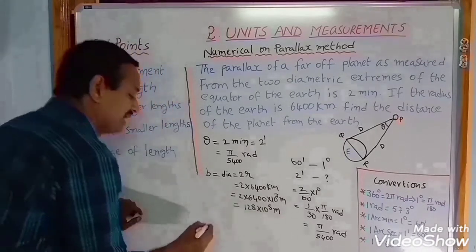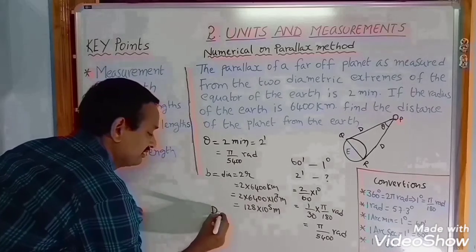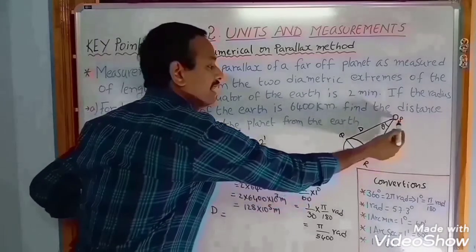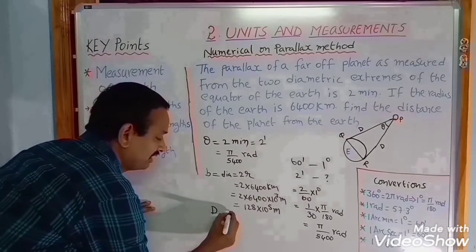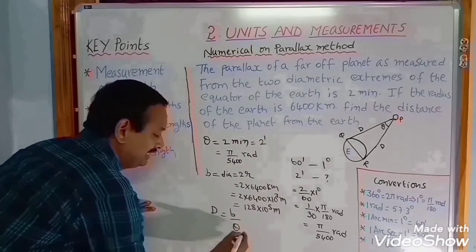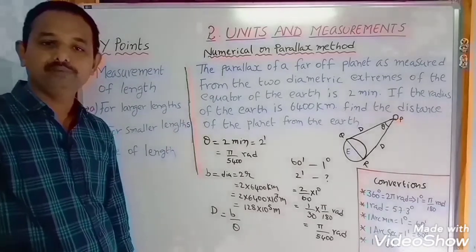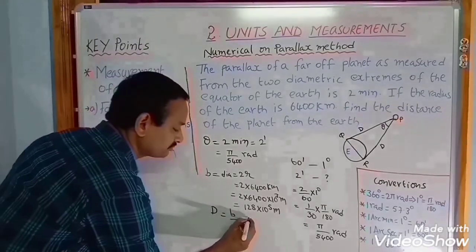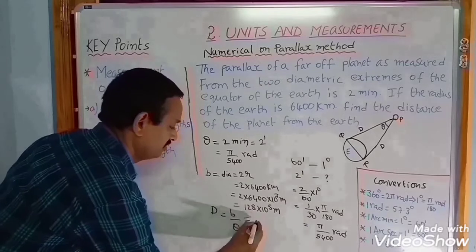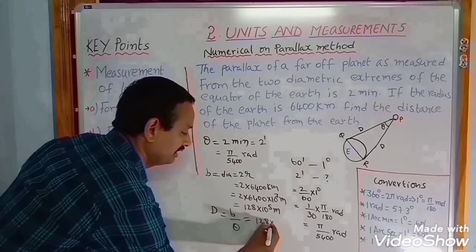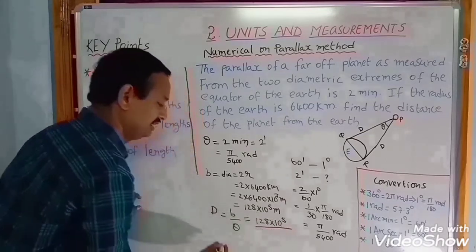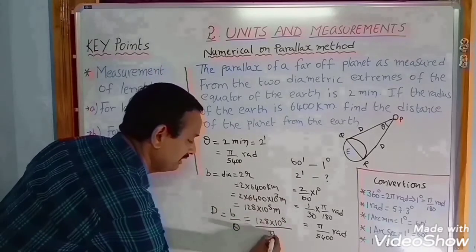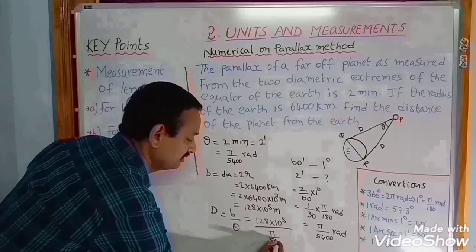Now we need to calculate D, that is the distance between the planet and earth. We have the formula D equals B by theta. So here B means 128 into 10 power 5, by theta means pi by 5400.